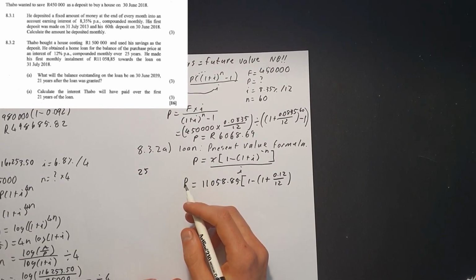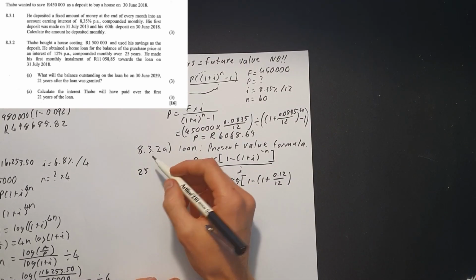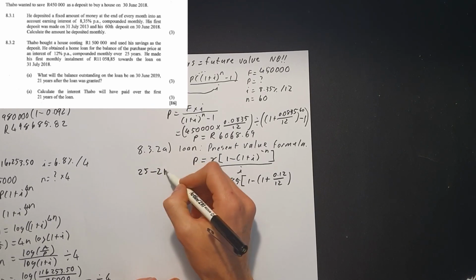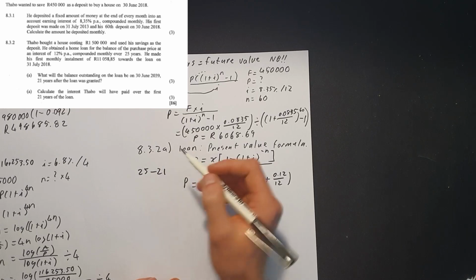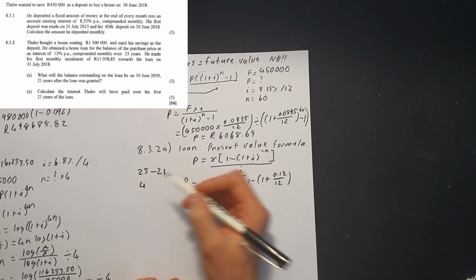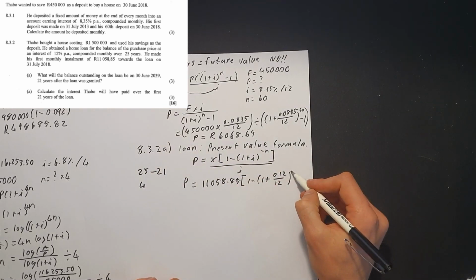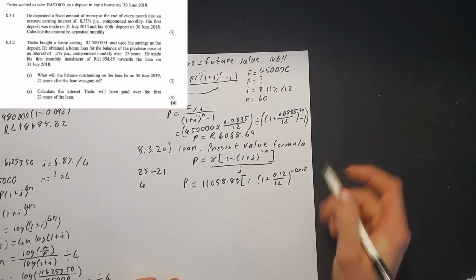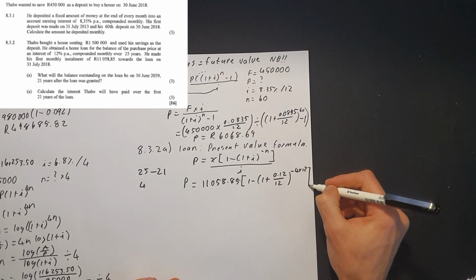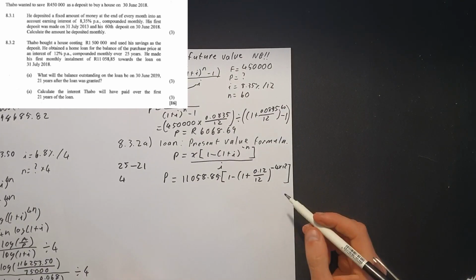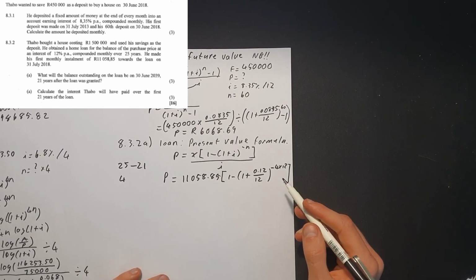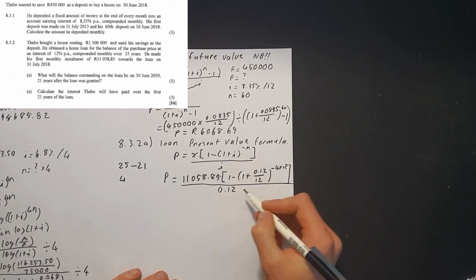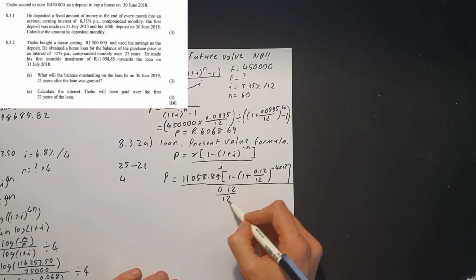Now we want to know what is the amount after 21 years. So how much have we paid after 21 years? How many years are left? There's 4 years left on the loan, and that's why we're putting it to the power of negative 4 times 12, because we want to know how much is going to be left in those 4 years that we still need to pay. Then we need to divide this by the interest, which is 0.12 divided by 12.